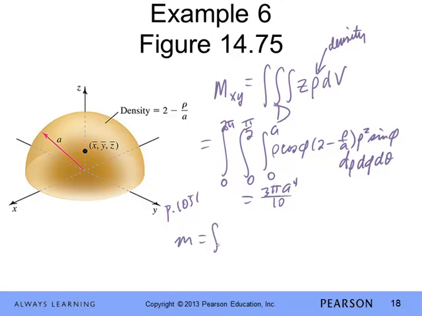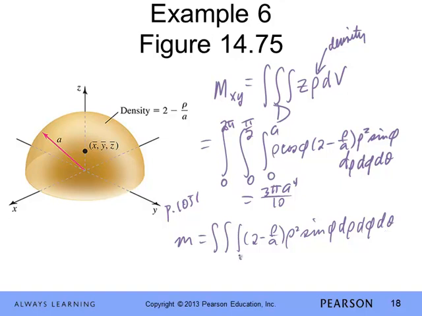The mass means you have to calculate the triple integral of the density, which is 2 minus rho over a, times the dV element, rho squared sine phi d rho d phi d theta.